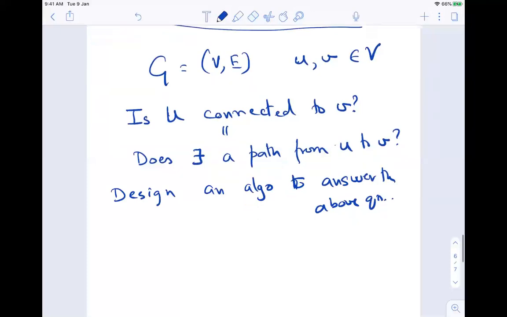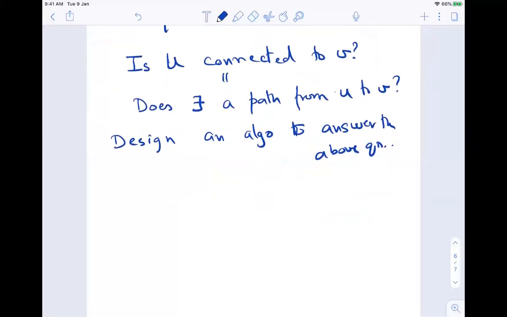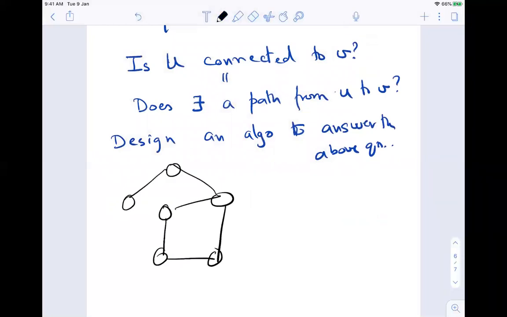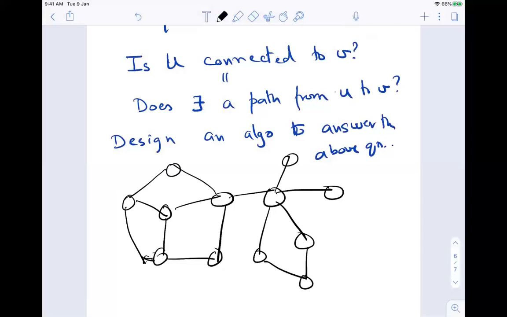So you have a vertex, right? Let's look at this graph. I have a graph like this. You have a vertex U and a vertex V over here. Say I want to check from U to V. I will look at all its neighbors, which is this and this.